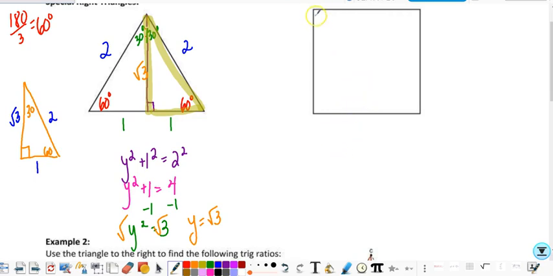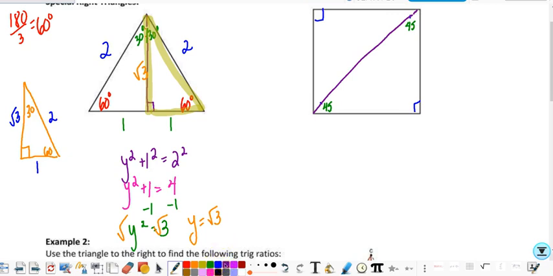We know in a square that all the angles are 90. And this time, instead of doing a perpendicular, which would just make 2 rectangles, I want to draw the diagonal. And this diagonal bisects these angles. So half of 90 gives me 45 degrees.